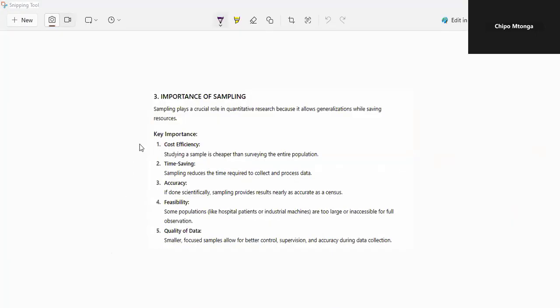So it's important to conduct sampling because it's cost effective. Studying a small sample is cheaper than surveying the entire population. It's time saving because it reduces the time required to collect the data. It is accurate because if it's done scientifically, sampling will provide results that are nearly as accurate as the census. It is feasible. Some populations like hospital patients or industrial machines are too large or inaccessible.